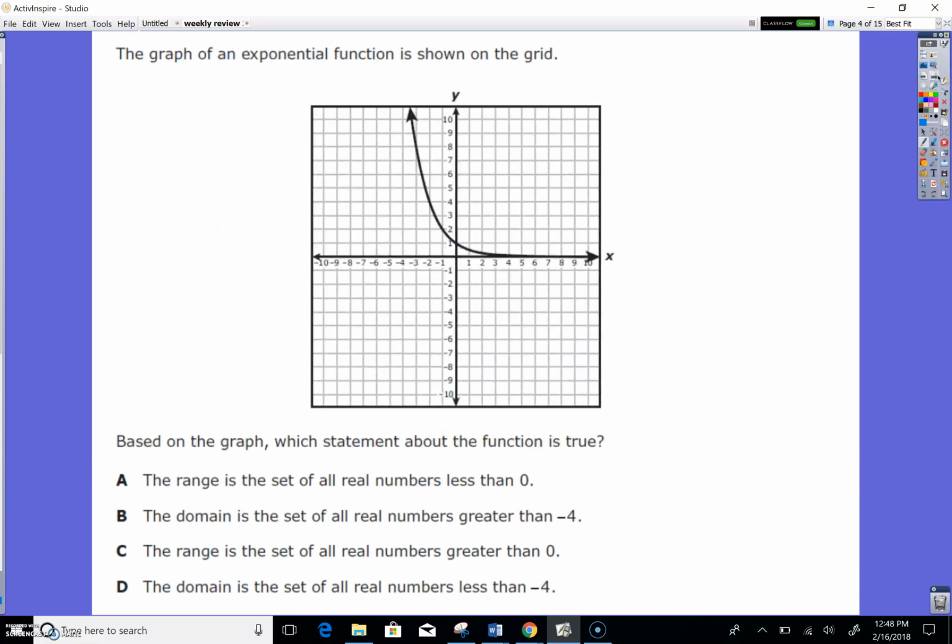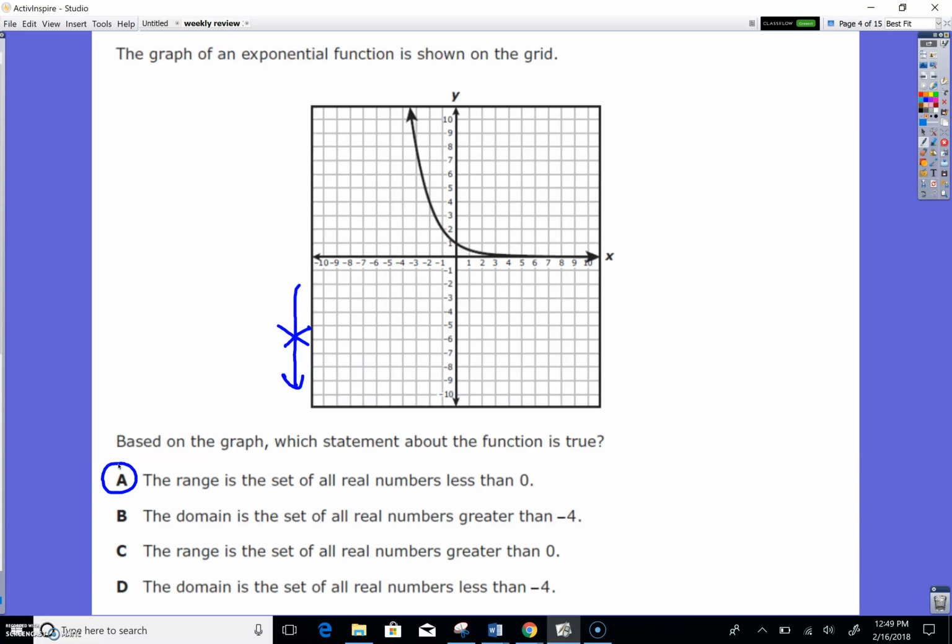Okay, again, they give us an exponential function. Which statement is true about it? The range is the set of all real numbers less than 0. So it says less than 0, right? So this one is not correct because it's greater than 0. The domain is the set of all real numbers greater than -4.